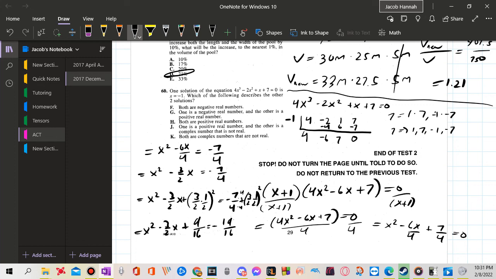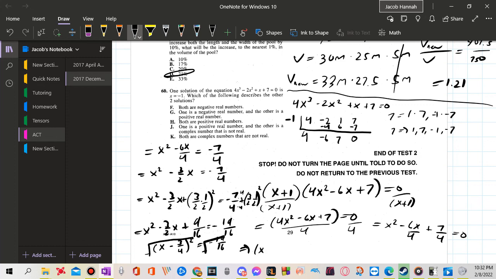So now we can turn this into a perfect square, equals negative 19 over 16. And now we're going to take the square root of both sides. And a square root of a negative number is going to give you i.